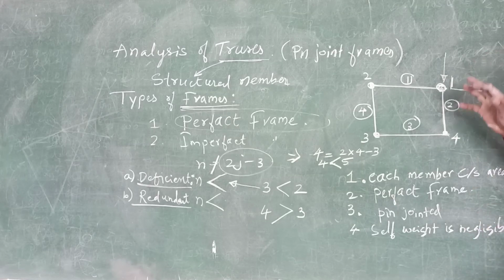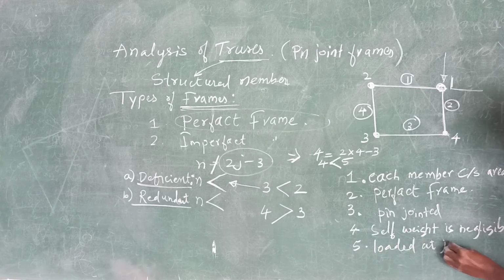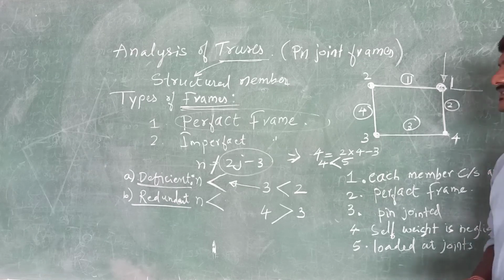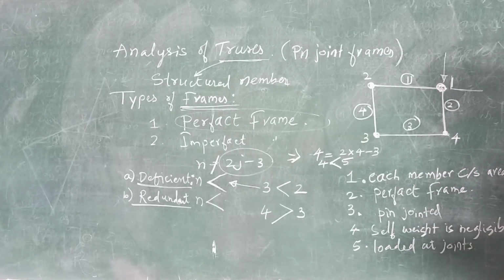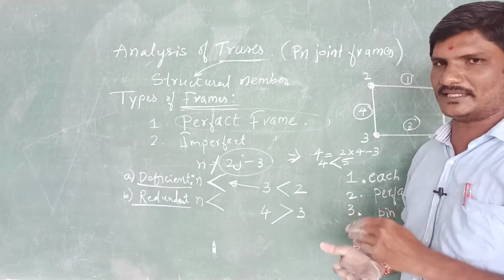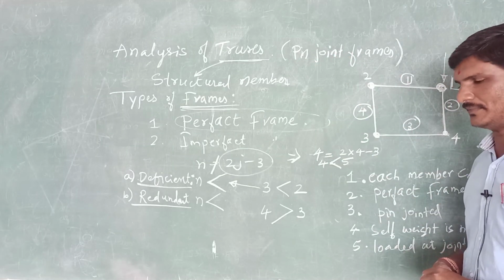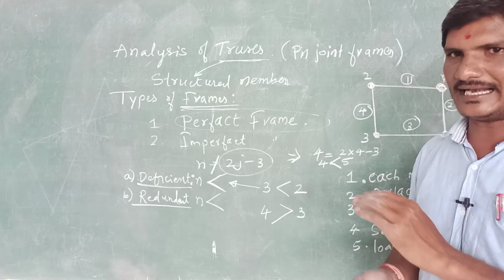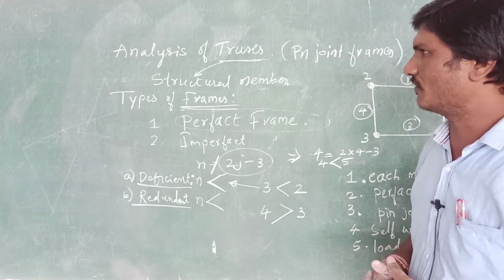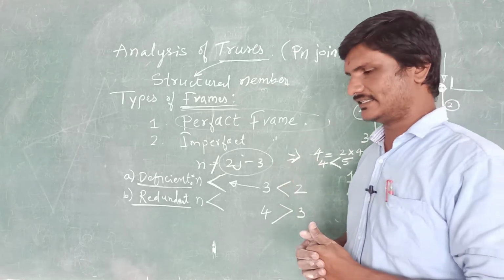The load will be applied at the joints. So these are some basic assumptions in analyzing the stresses. Now in the next class we will discuss the different methods for making the analysis of stresses. There may be different analyses: you can go for the analytical method or the graphical method. We'll discuss that in the next class.